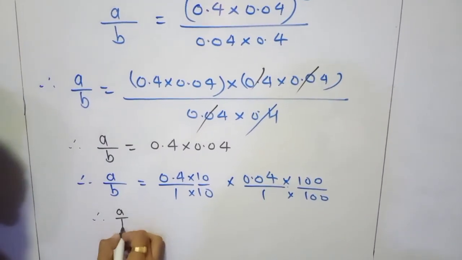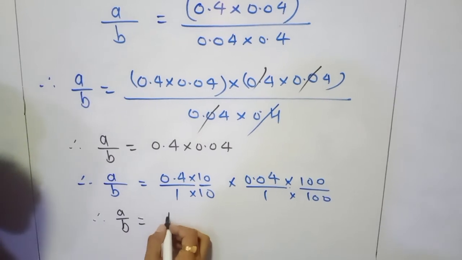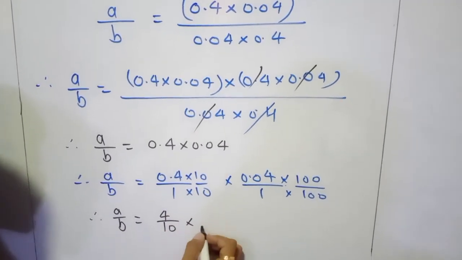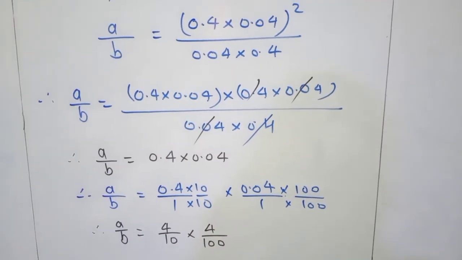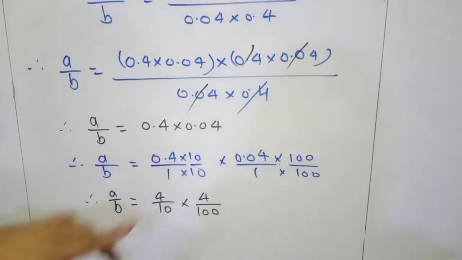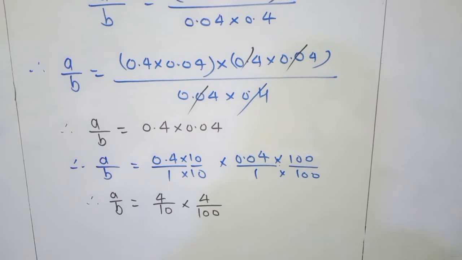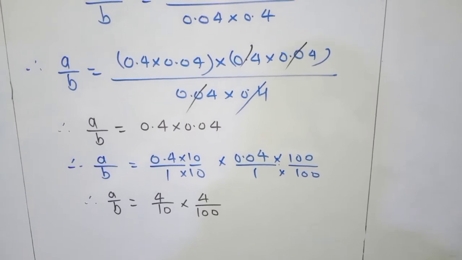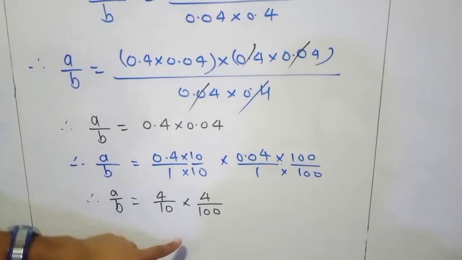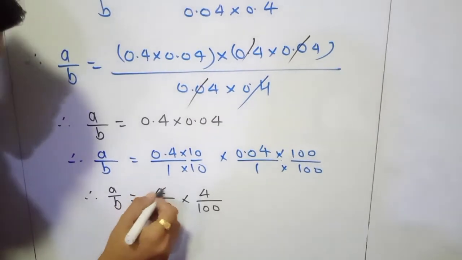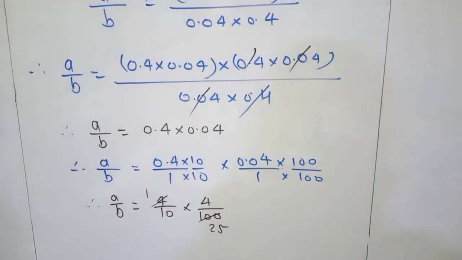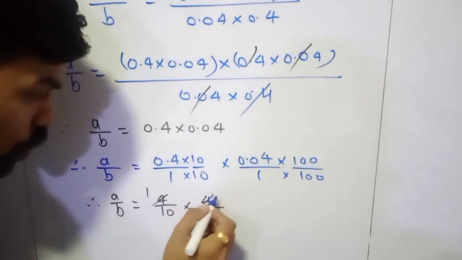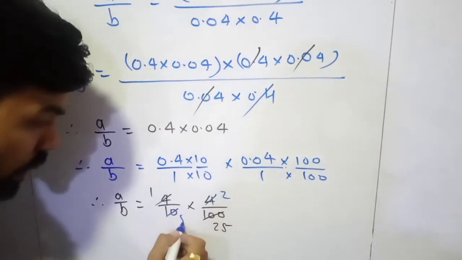Therefore a upon b is equal to 4 upon 10 into what? 4 upon 100. 0.4 into 10 will become 4 and 0.04 will become 4 upon 100. 4 ones are 4, 4 25s are 100, 2 twos are 4, 2 fives are 10.